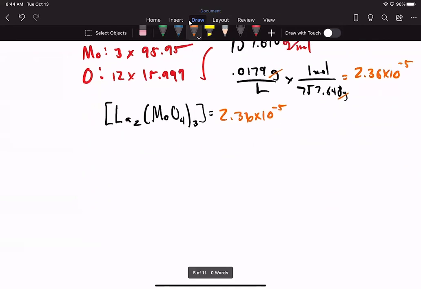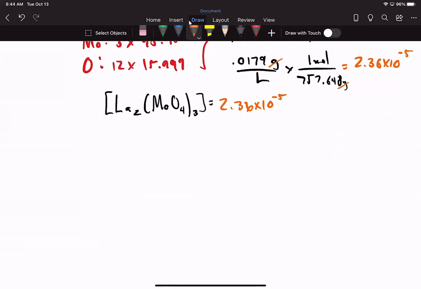Let's take a look at the formula and see if we need an ICE table, because we do have that concentration here. This is our solid.